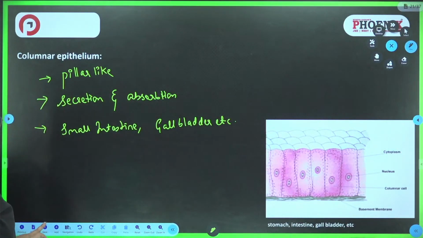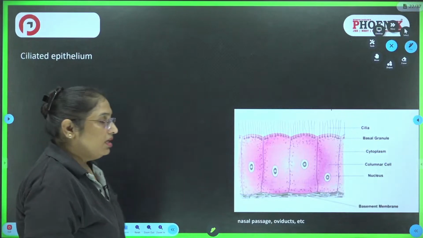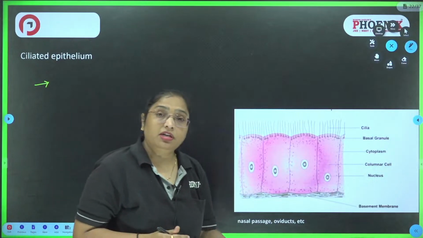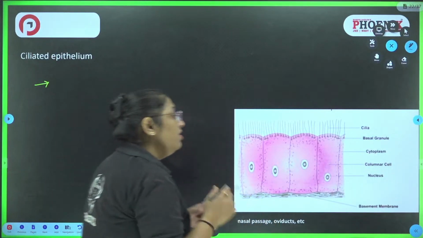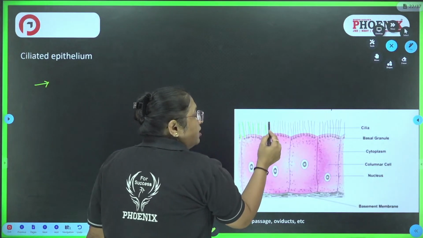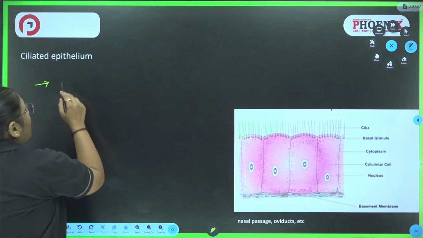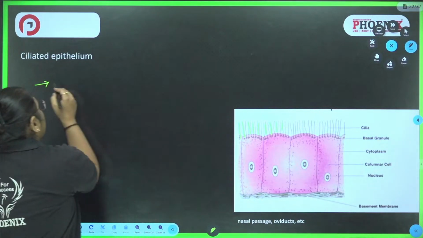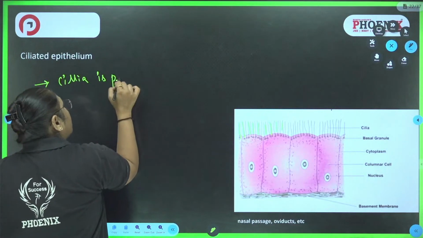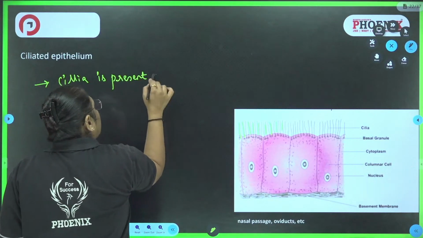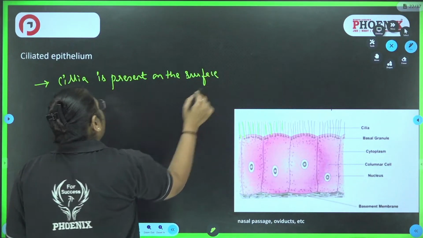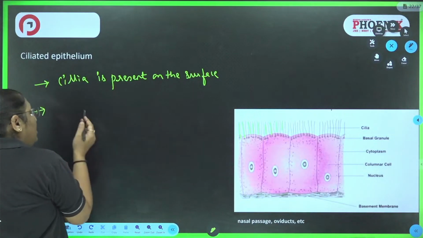The next type of epithelium is ciliated epithelium. Previously we had seen the columnar epithelium whose cell was pillar-like. When the same epithelium has cilia on the surface, it is termed as ciliated epithelium.